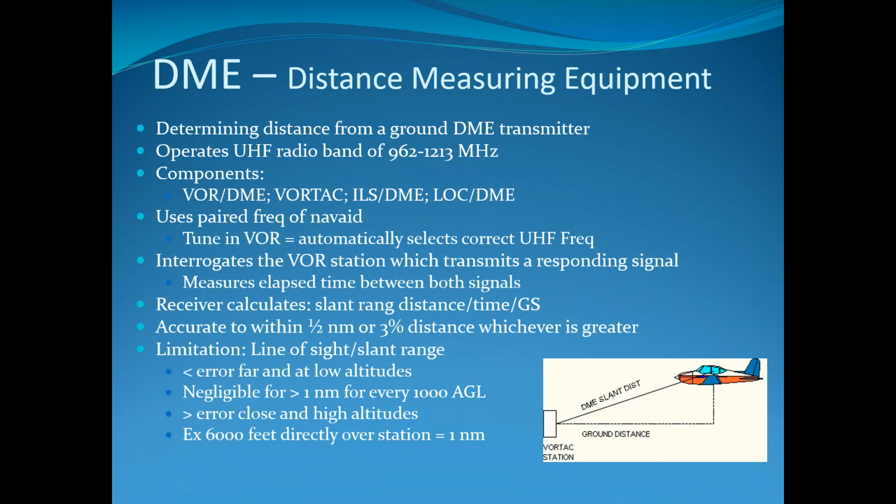Once you get at lower altitudes, the error can be higher or lower depending on the altitude, basically. And then it says it's negligible when it's greater than 1 nautical mile for every 1,000 feet AGL. So it's really once you get really close to one, or once you fly over the top of one.